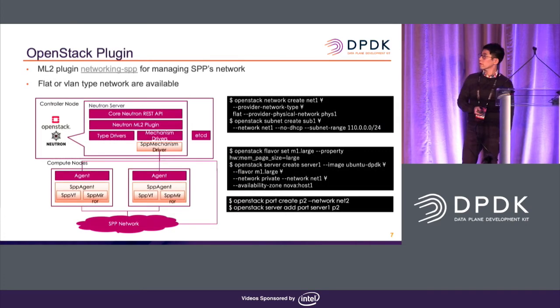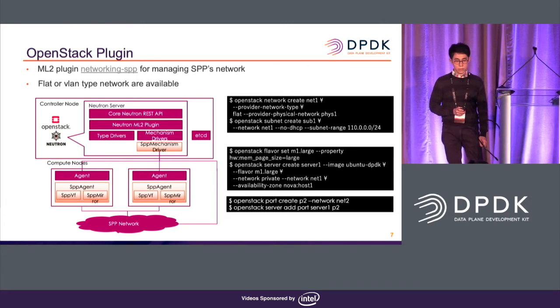And we have already released our SPP network plugin by using ML2 plugin technology, and it's called networking-spp. It enables control of SPP from Neutron's interfaces, and it enables providing flat or VLAN type networks.